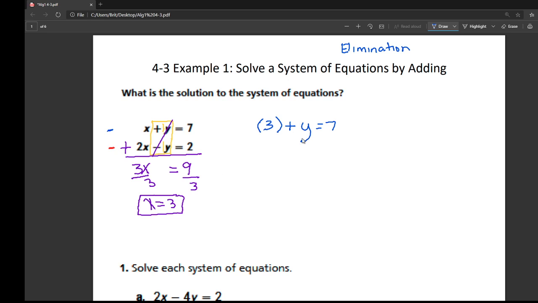So then to get the y alone, or to isolate y, I'm subtracting 3 from each side. So I get that y is equal to 4. Now remember, your final solution has to be written in an ordered pair. So make sure that you're using those parentheses and that you write it as our usual ordered pair. So I'm going to write solution here.